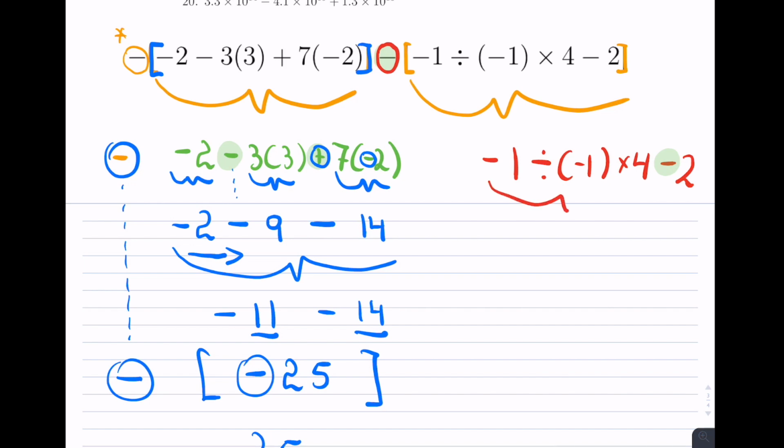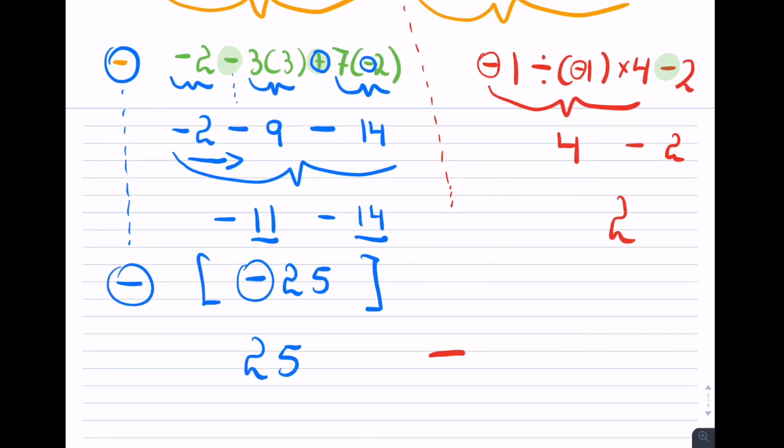So it's 1 divided by 1, which is 1, times 4, which is 4. And then I have a negative and a negative here, so that's positive. And then I have minus 2. That becomes 2.